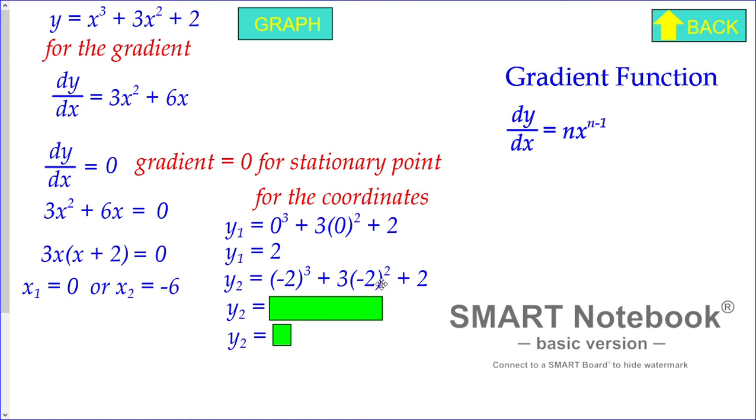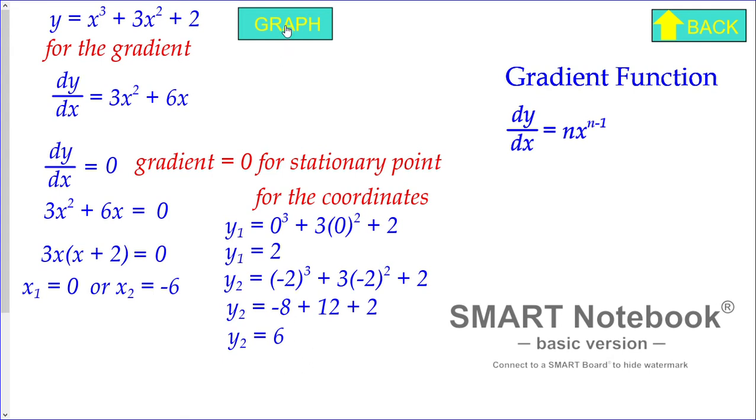We get minus 8 plus 12 plus 2, and that gives us 6. Remember, this is minus 2 cubed, so minus 2 times minus 2 is 4, and then 4 times minus 2 is minus 8. Alright, now our coordinates are 0, 2, and minus 2, 6.